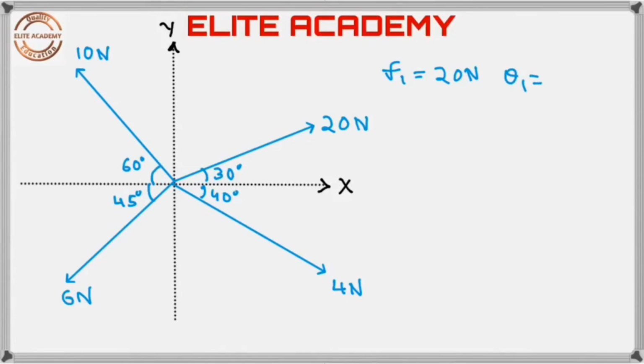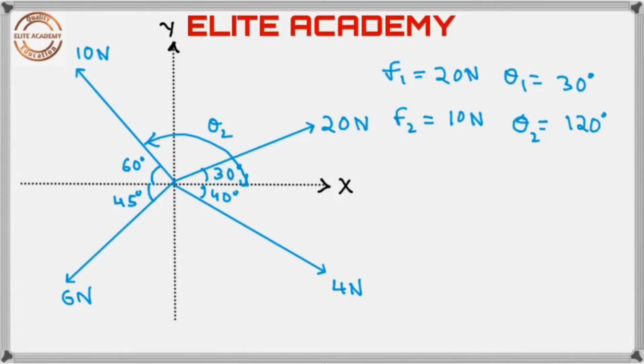Therefore, theta 1 is equal to 30 degrees. The second force F2 is equal to 10 newtons, and we should take the angle of this force from positive x-axis measured in anti-clockwise direction. So here theta 2 will be 180 minus 60 degrees, that is we get theta 2 as 120 degrees.